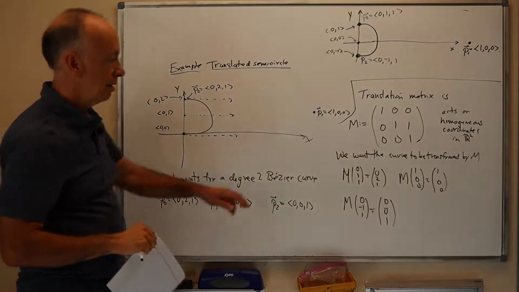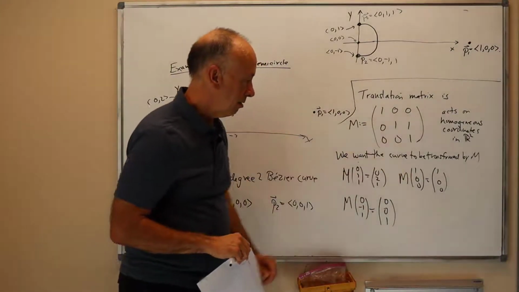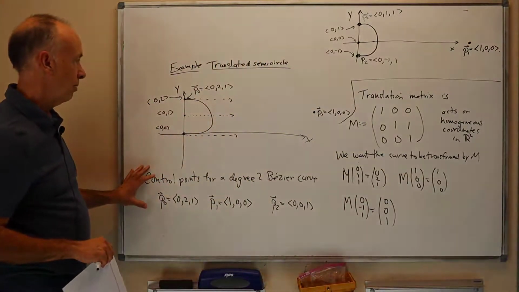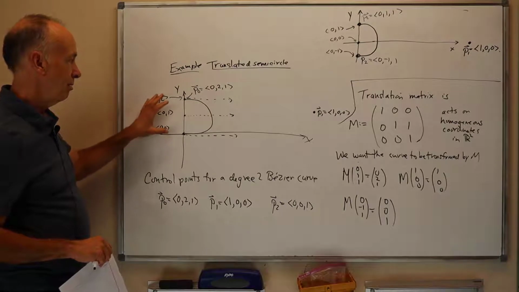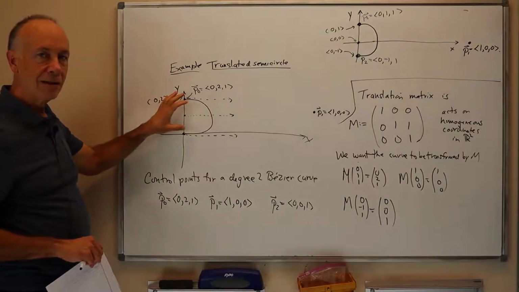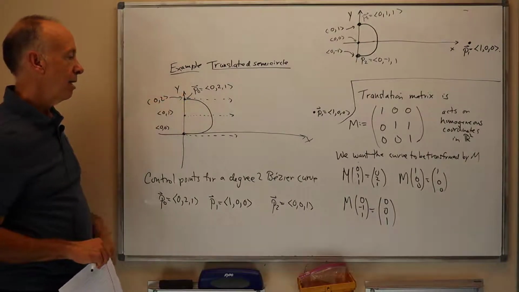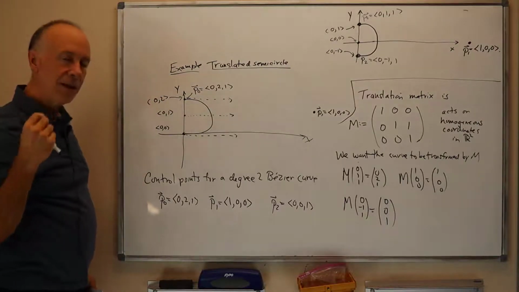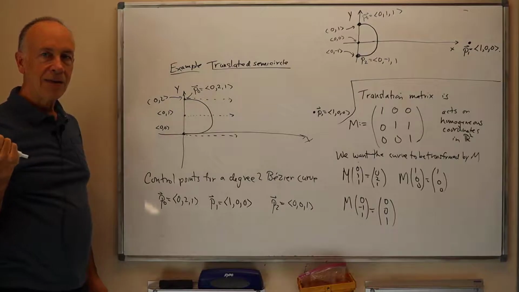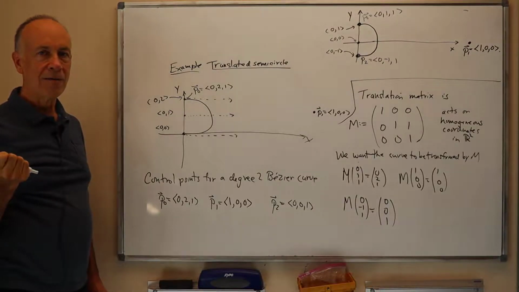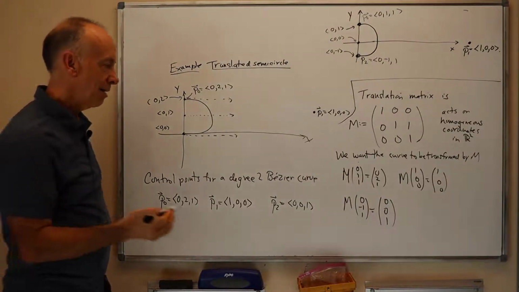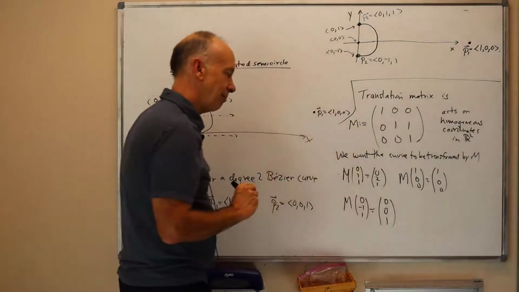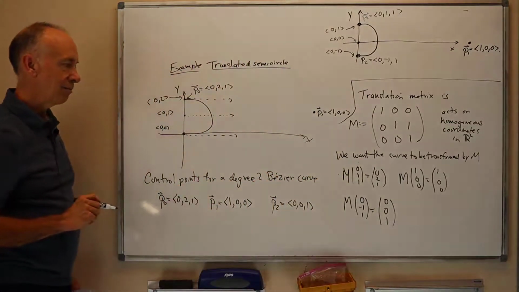So these are the control points for the degree 2 Bezier curve that traces out the semicircle as translated here. And the fact this works depends on an old theorem from a previous video, which stated that affine combinations are preserved under affine transformations. So M is an affine transformation because it's a translation.